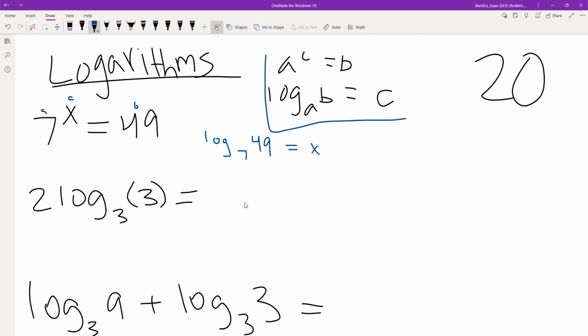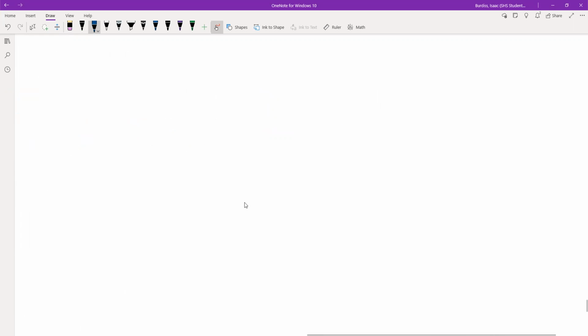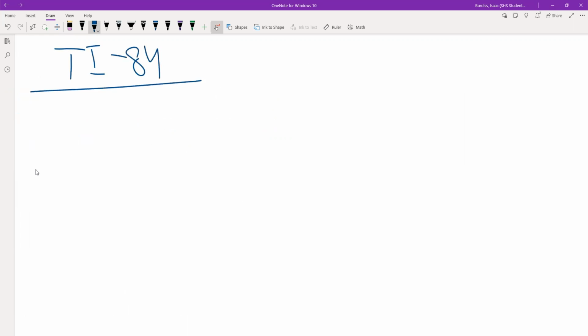And you could type that into the calculator two ways. Let me tell you the two ways you can type it. If you have a TI-84 or a common graphing calculator, you push the button math, and then you scroll down until you see log base.